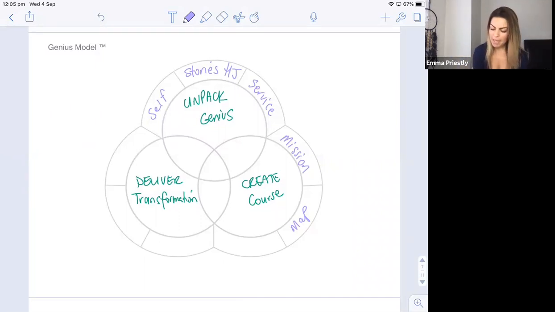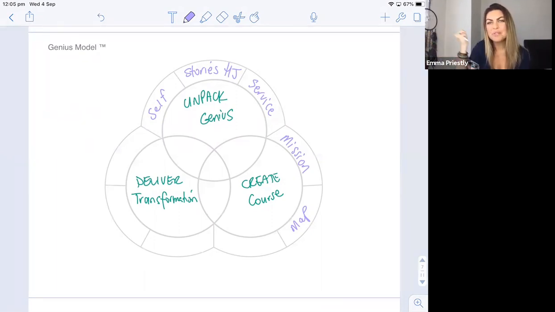So having a map allows you to have a container. This is what a lot of spiritual people aren't fabulous at. They're not great at having a container to pour all their creativity into. And so there's a lot of stuff going on. There's a lot of conversation. There's a lot of ideas and excitement, but it's like picking up a cup and pouring it onto a table. It just kind of goes everywhere.